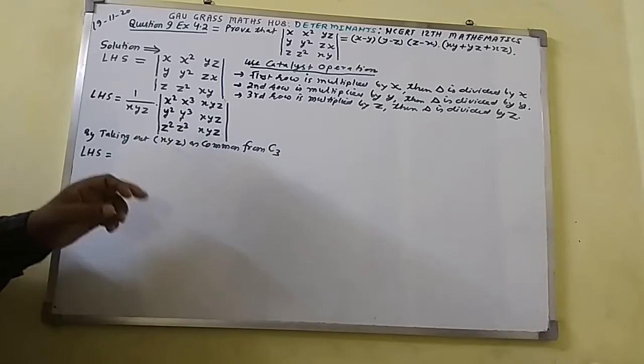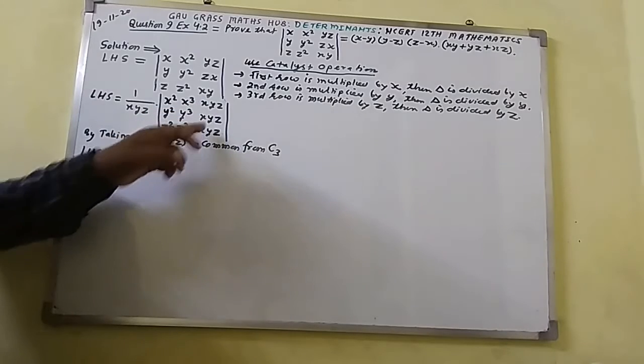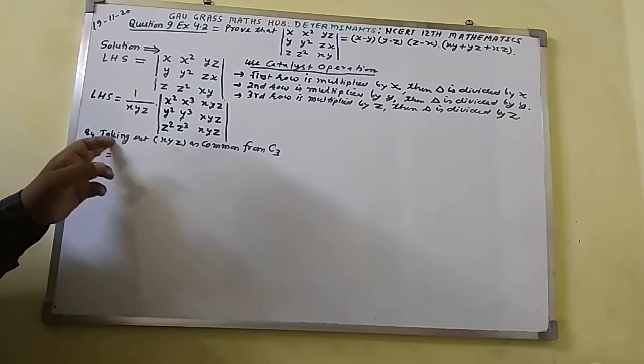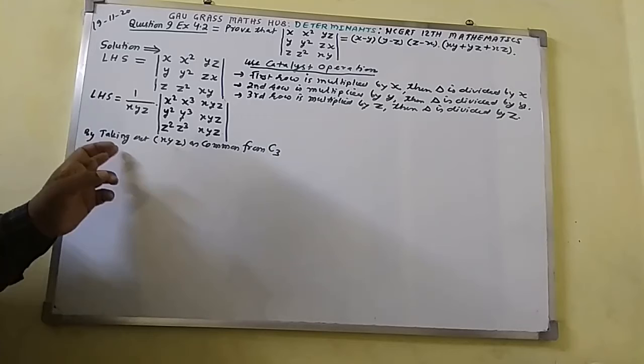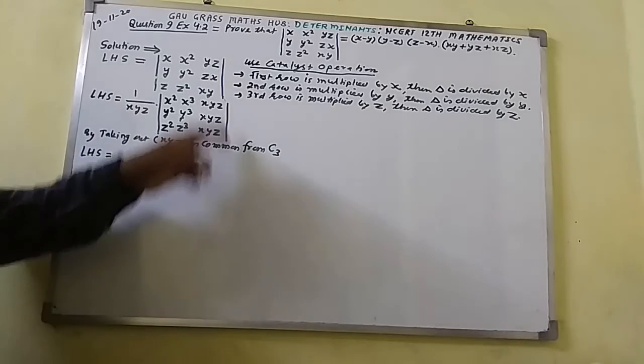So here I am going to take out x, y, z as common from C3.